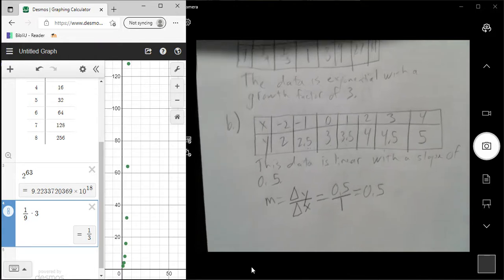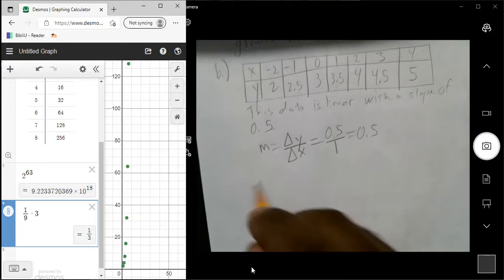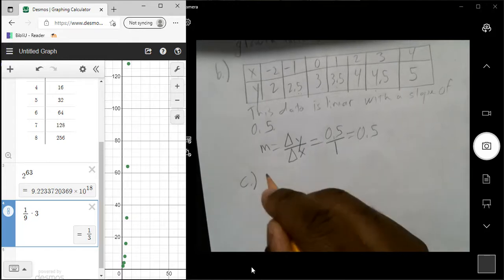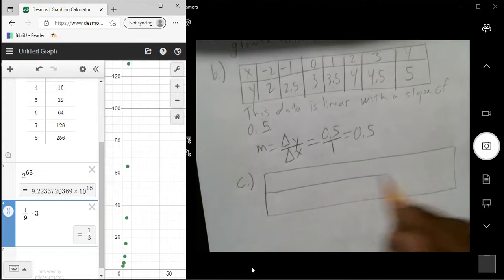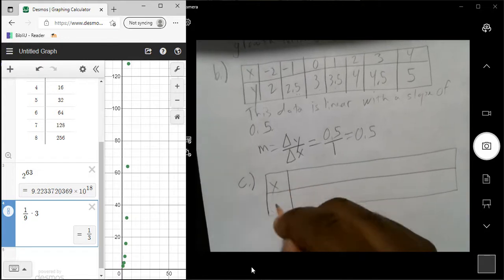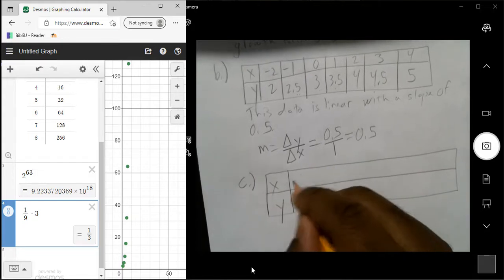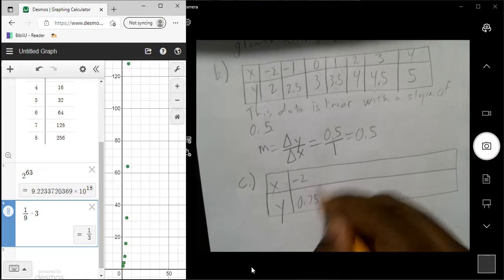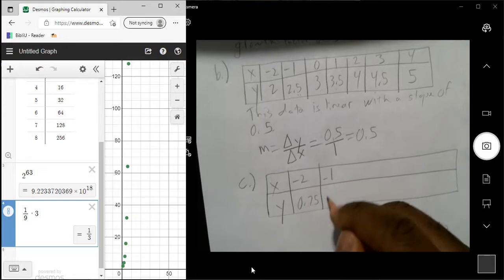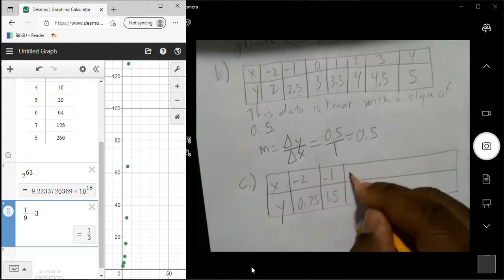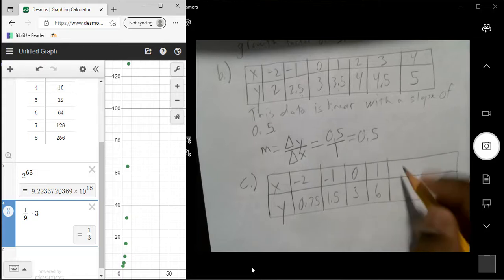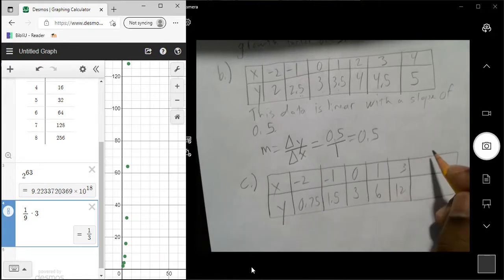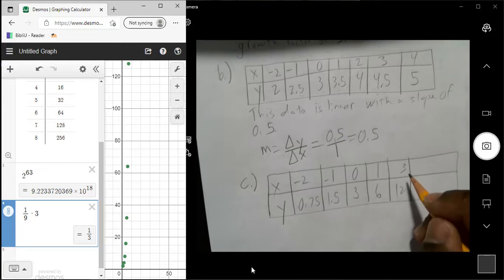Okay, now we go here to C. Another quick table. We have -2, 0.75; -1, 1.5; 0, 3; 1, 6; Wait a minute, I skipped something.